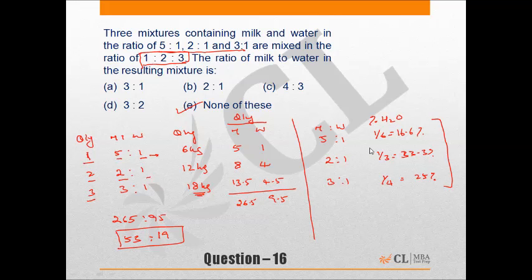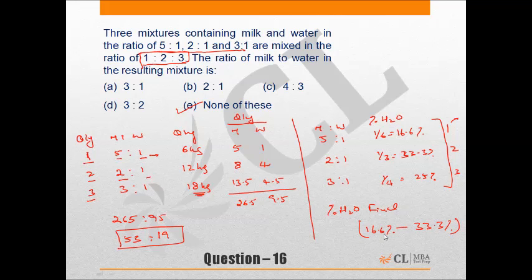Since these are being mixed in the ratio of 1 to 2 to 3, I will say the average percentage should be between 25 and 33. But even if you ignore this completely, we can say the percentage of water in the final mixture has to lie between 16.6% and 33.3%.